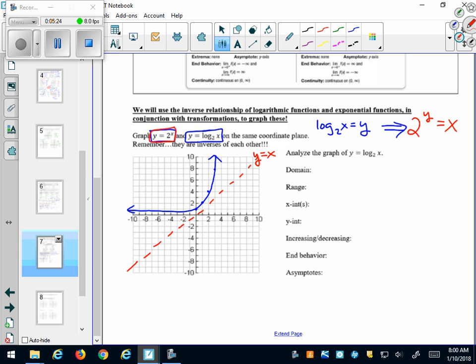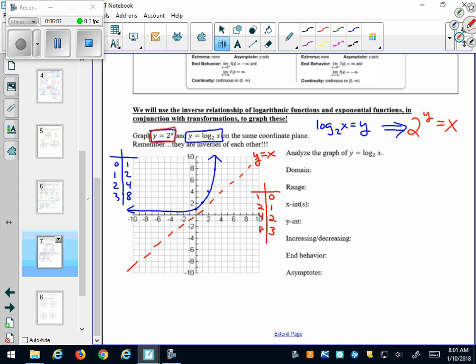Yeah, they flip. So on the blue graph, 2 to the x, we had the points (0, 1), (1, 2), (2, 4), (3, 8), etc. On the red graph, we're going to have all of the inverses of that. We're going to flip them: (1, 0), (2, 1), (4, 2), (8, 3).